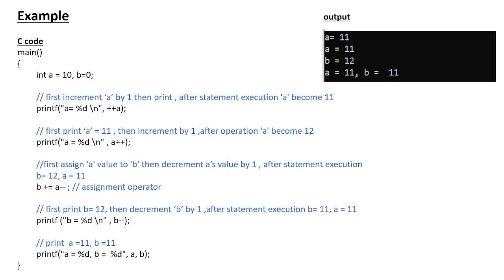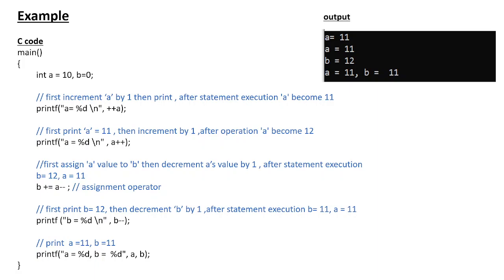Now the third operation is b plus equals a plus plus, a minus minus. That means first it will do b equals b plus a, then it will increment, then it will decrement the value of a.